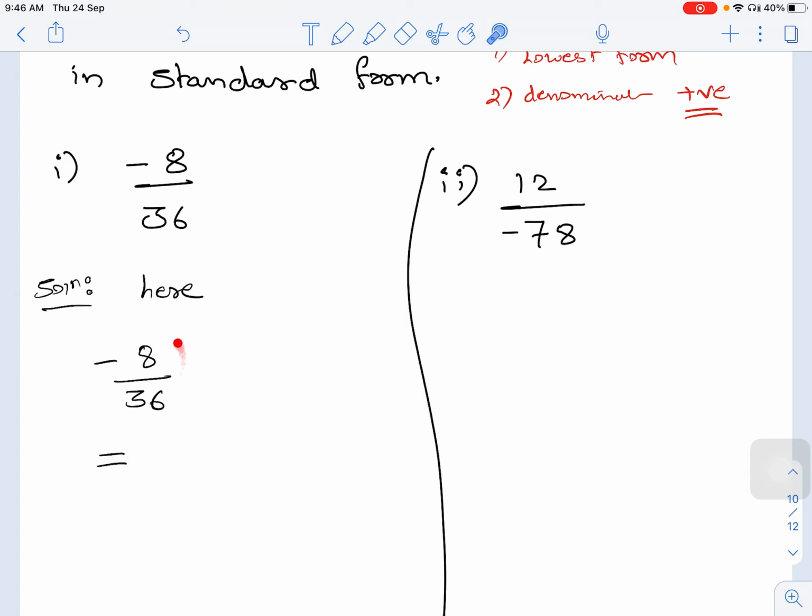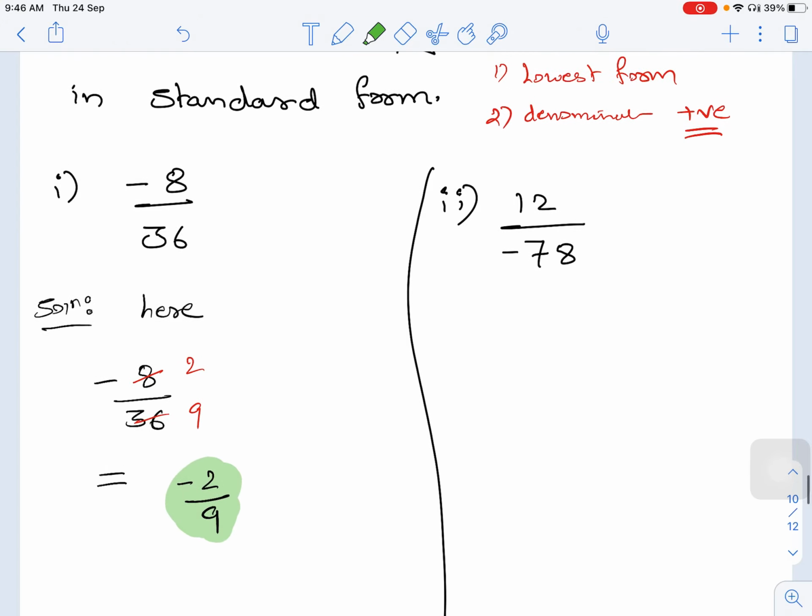Now both the numbers are divisible by, yes, 4. Okay, so what you will get, 4 2s are 8, 4 9s are 36. Okay, so what will be our answer further? It will be equals to minus 2 upon 9. Now this number is in lowest form and denominator is positive. It means that it is in standard form.